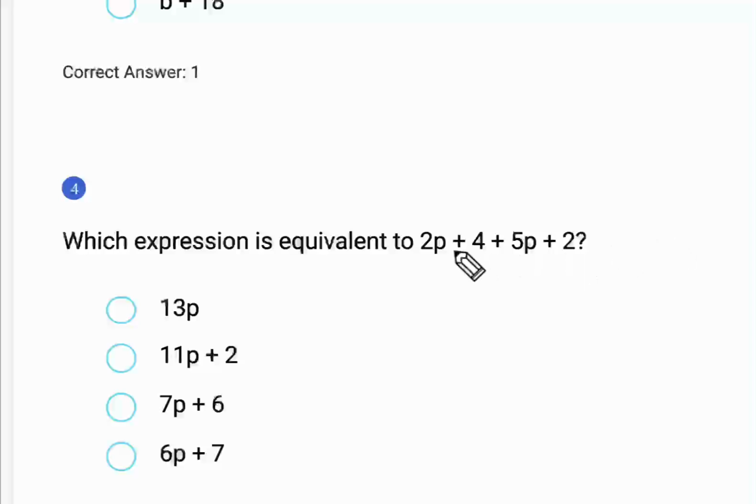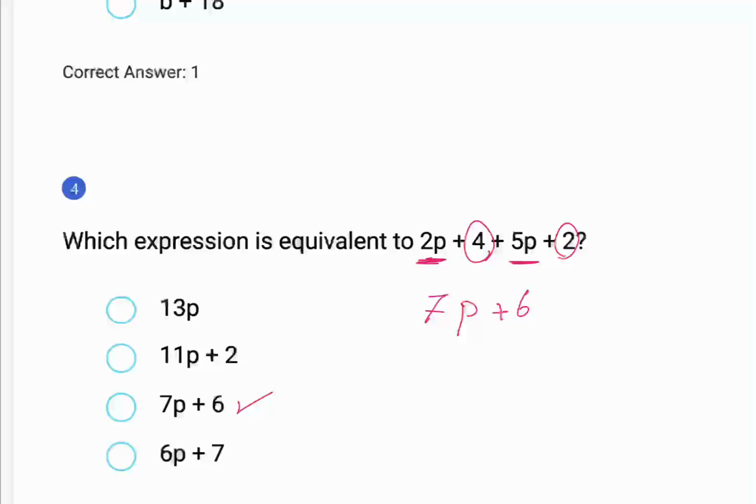Exactly, you should add the like terms 2p plus 5p. And the 4 here, the constant, is the same as this constant. They are like terms. Okay, go ahead. 2p plus 5p, 7p plus 4 plus 2 equals 6. Exactly. Thank you, Mustafa. Okay, my heroes, any problems?